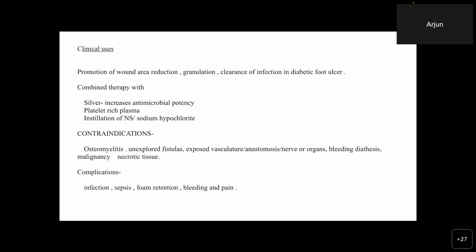It can be combined with silver, which increases antimicrobial potency, platelet-rich plasma, as well as instillation of normal saline or sodium hypochlorite. Main contraindications are osteomyelitis, unexplored fistulas, exposed vasculature, anastomosis of nerves or organs, bleeding diathesis, malignancy, and necrotic tissue. Major complications are infection, sepsis, foam retention, bleeding, and pain.